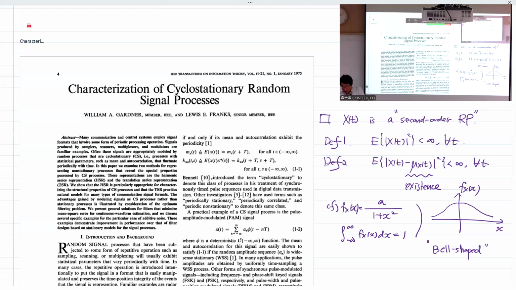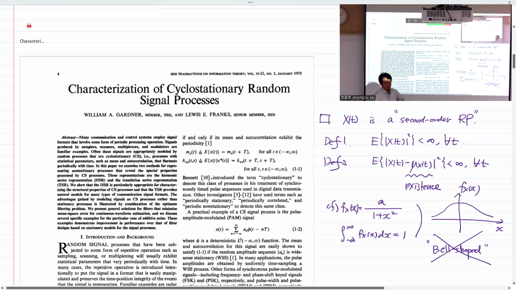But anyway, anybody, what is the mean of this Cauchy random variable? You are very tempted to say the mean value is 0 because it's symmetrical with respect to 0. And you are wrong, okay?